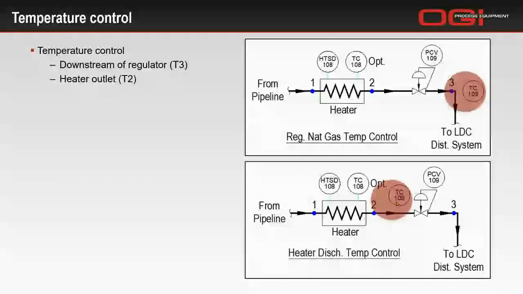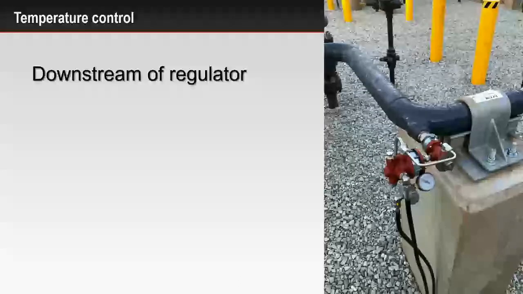So now let's compare and contrast the two methods. First, we'll take a look at the downstream of the regulator. And here's the picture of that installation on the pipeline. Essentially with this method, you're only adding the required amount of heat. What I mean by that is, if you recall from the process conditions, we had the pressure minimum and maximum, and there will be fluctuations.